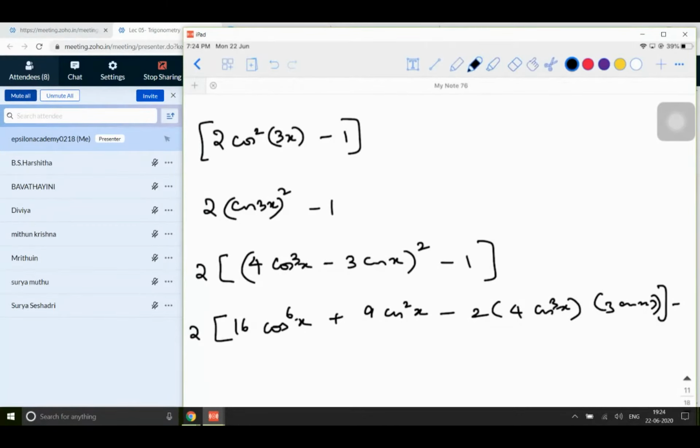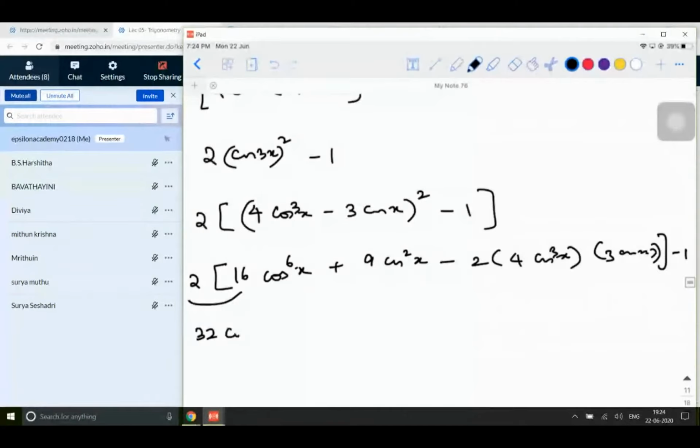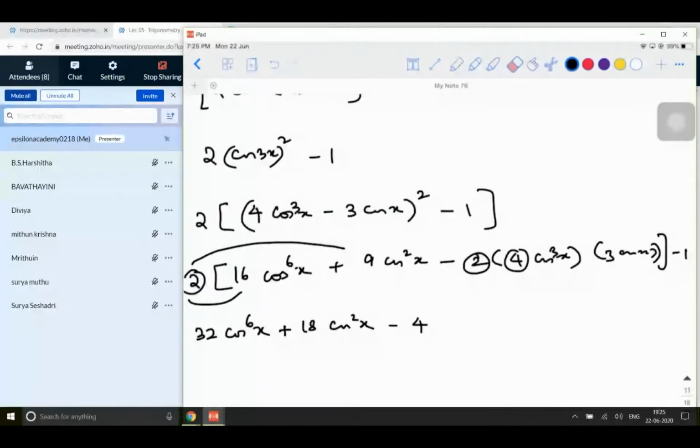So 2 into 16, it is 32. 32 times what? Cos power 6x plus 2 into 9, it is going to be 18 cos square x. What else is left out? 2 into 4. How much is that? 4 into 4? 16 cos cube x.